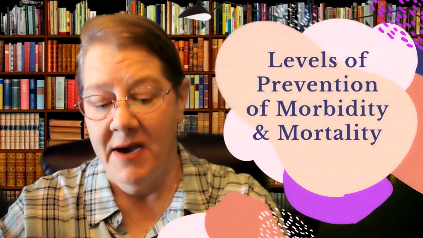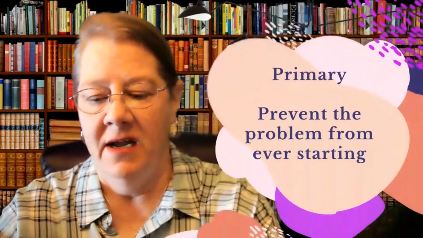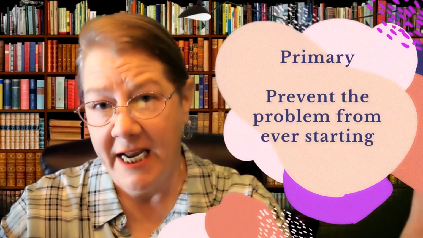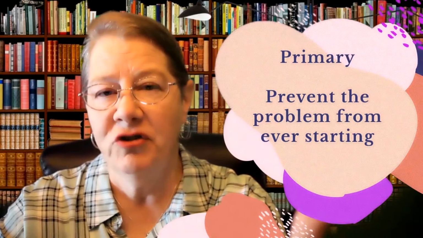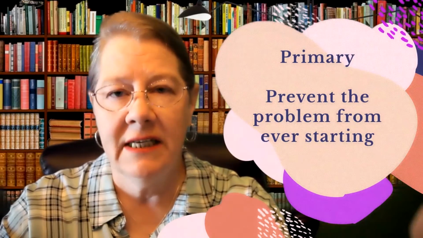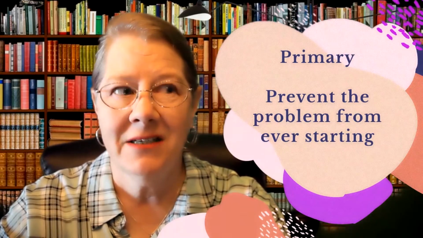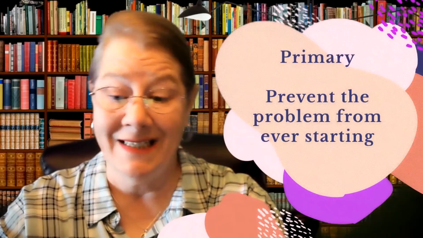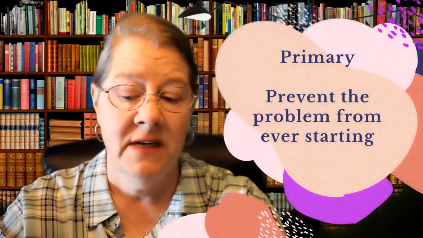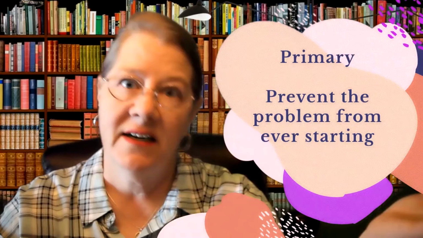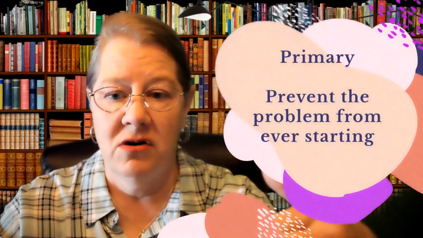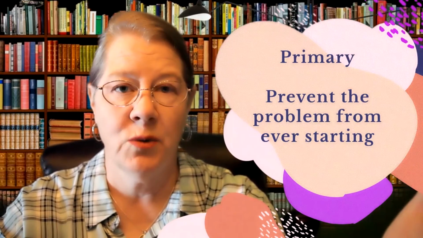And when we talk about the primary level and preventing the problem from ever starting, we're saying if it never starts, you're not going to get super sick and you're not going to die from this problem. Okay. So, one example of primary prevention is vaccines. Don't get it in the first place. Now, as you know, since we've talked about COVID, we might as well bring this up.